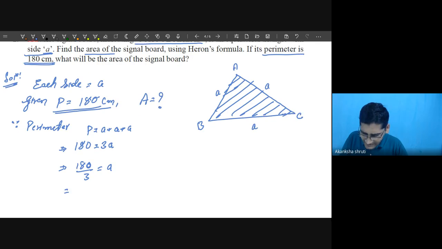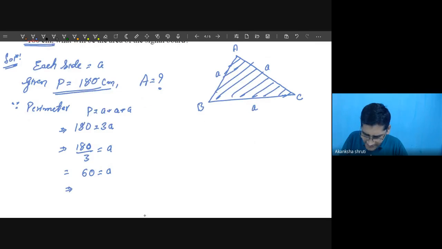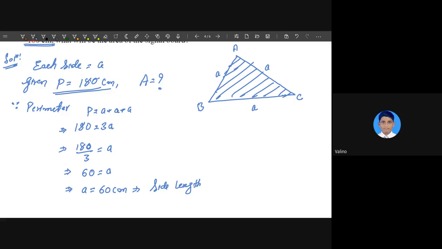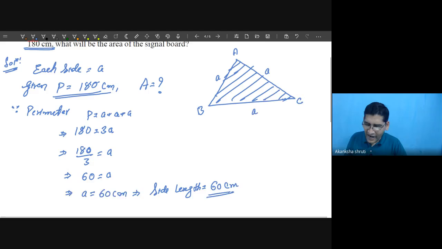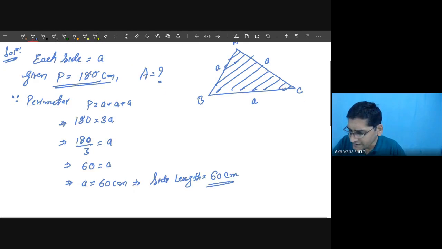So divide this: 60 is equal to A. It simply means A is equal to 60. What is the unit? Centimeter. So each of these side lengths is how much? 60 centimeter.